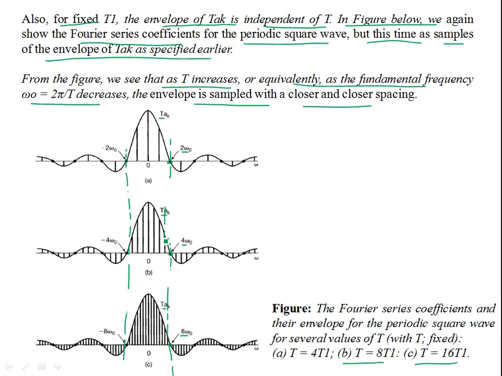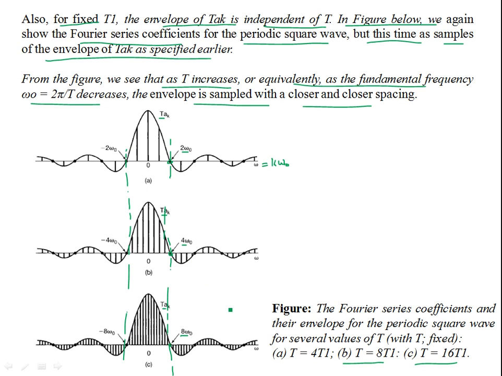The shape of the envelope stays the same, but there are more samples bunched together, and we can think of omega as a continuous variable. This omega, which is k omega naught, becomes continuous because omega naught is a very small quantity and k increases from minus infinity to plus infinity, continuing beyond 2 omega naught, minus 2 omega naught, 4 omega naught.